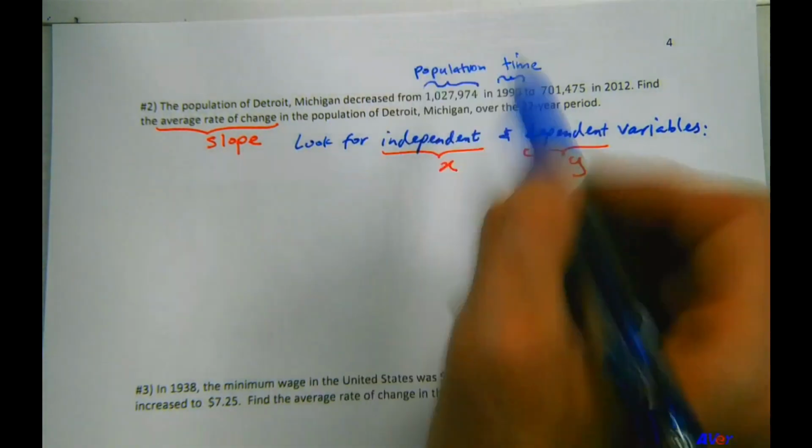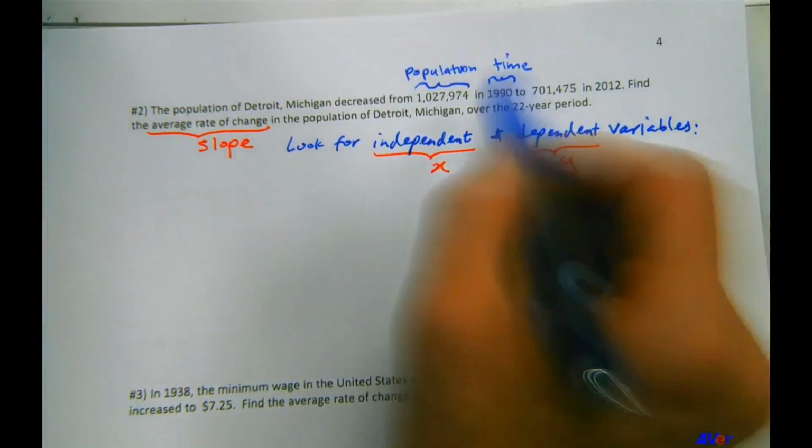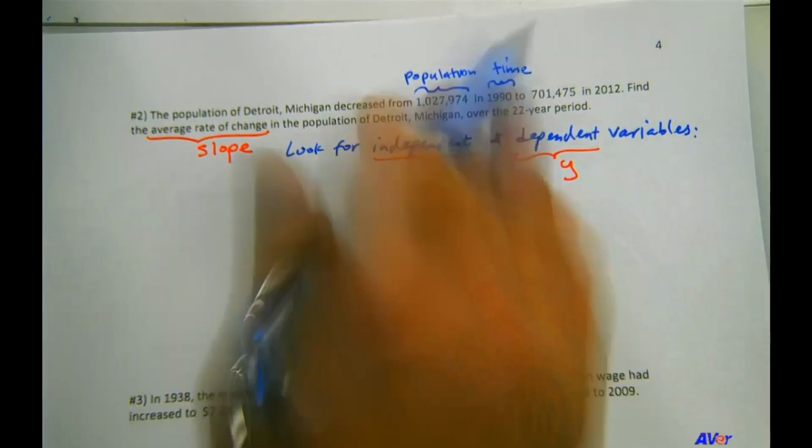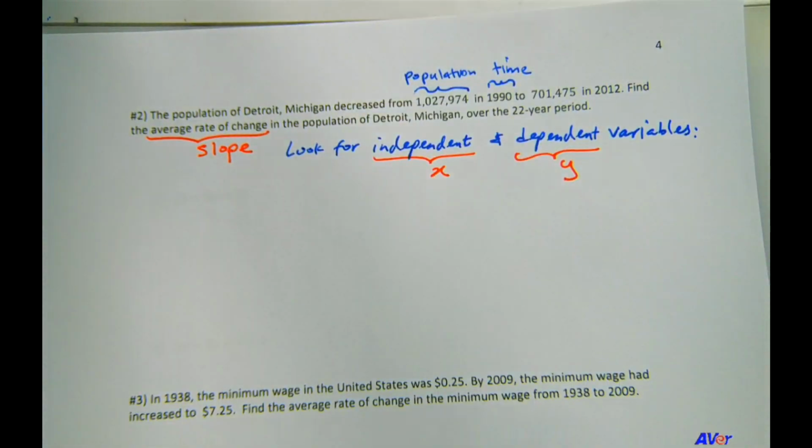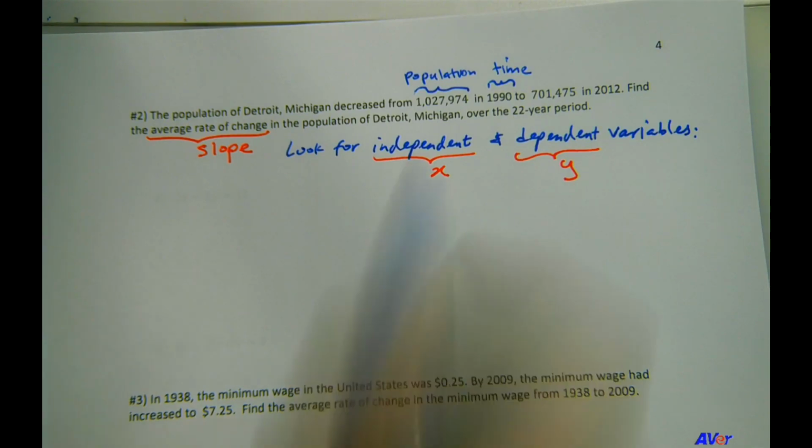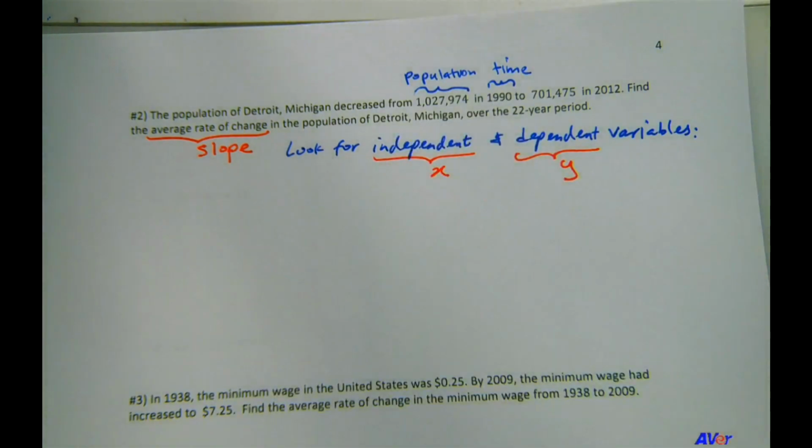Which one of them is the dependent? You have to make that determination in your mind. Think about it. Before you see me write this down, pause the video, please, and think about it. Look at the problem carefully and make up your mind which one of these 2 quantities, time or population, would be dependent and which one would be independent.